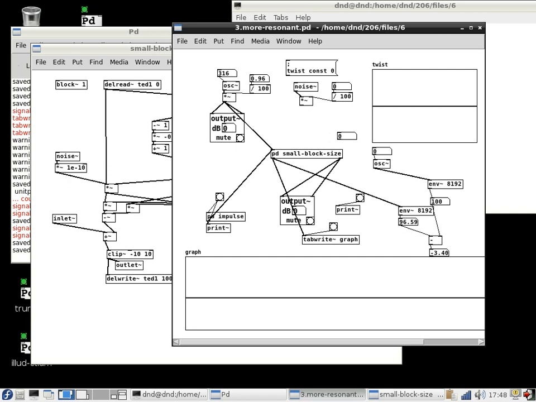So the next logical thing that you might want to do is make the filter, in fact, be two oscillators that can therefore reciprocally mess with each other. And then you will have basically a much larger palette of possible ways that you can make the two oscillators interact.